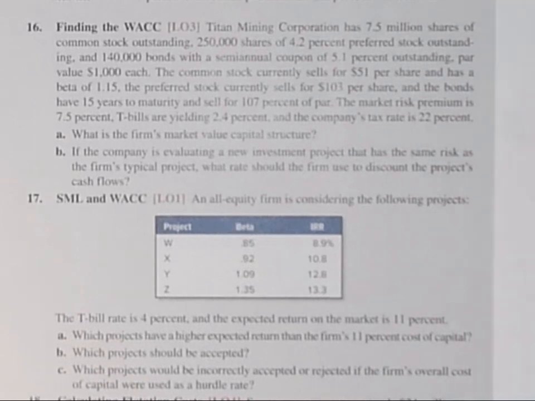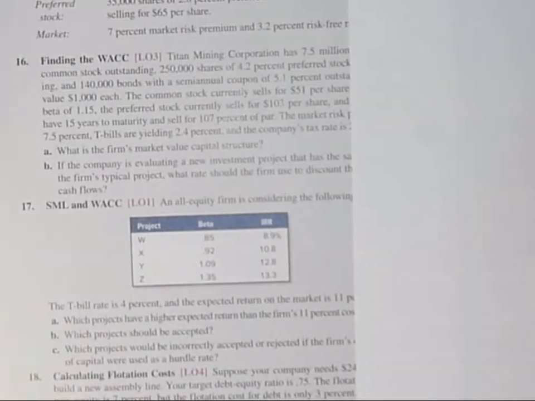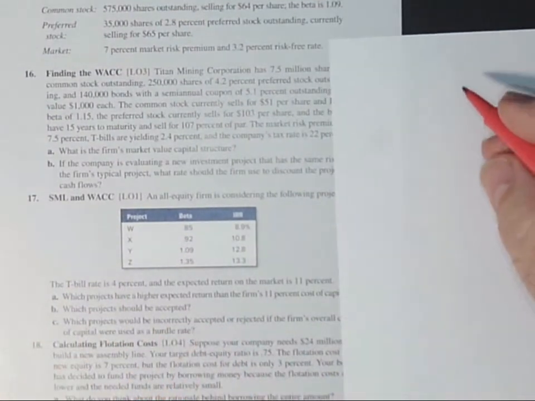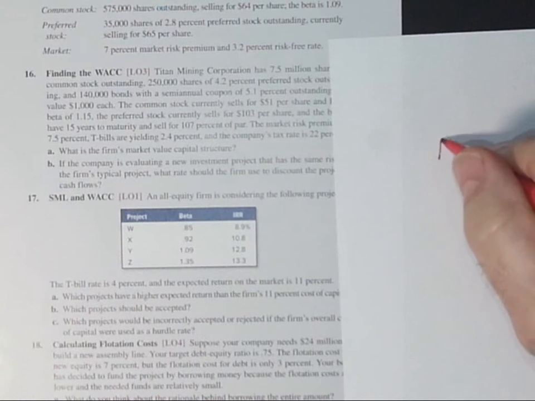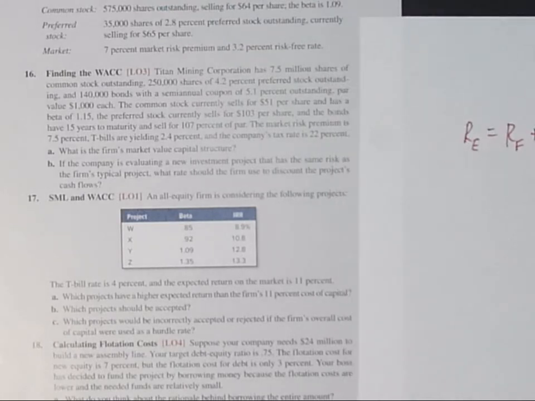And we know that the required return on equity, when it's put this way, is the risk-free plus the return to the market minus the risk-free times the beta. Now, your book tends to put beta over here. I prefer it to be over here, but that's personal preference.